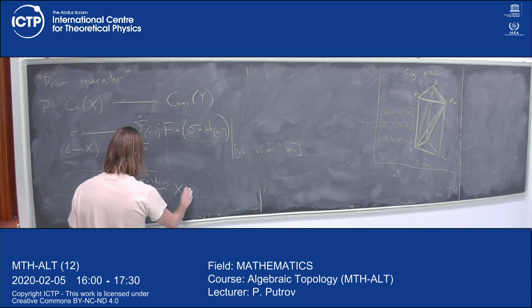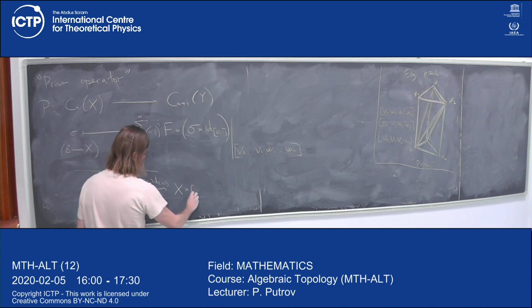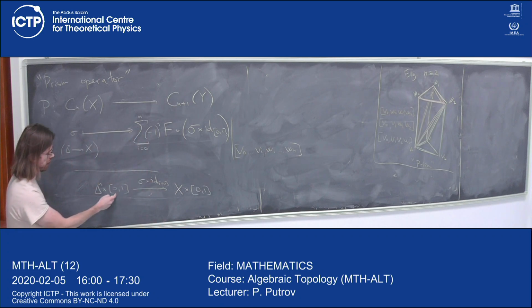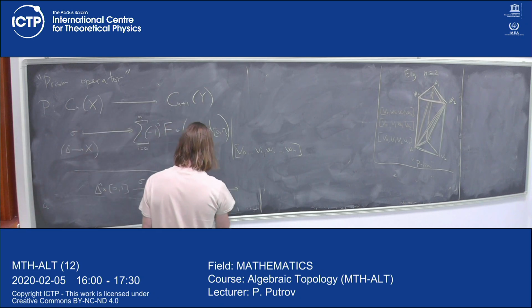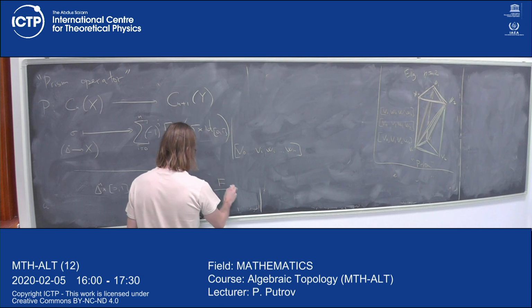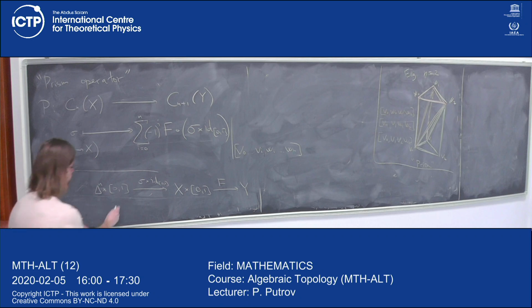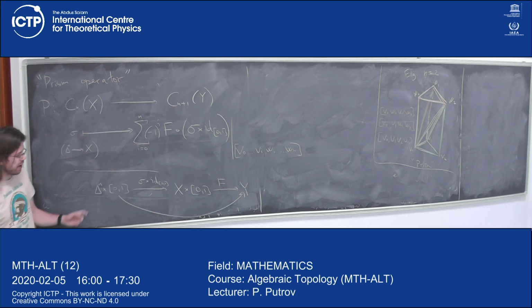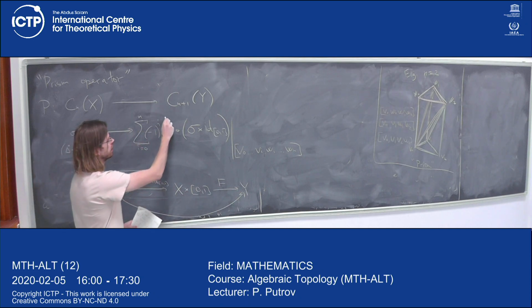It will map to x: sigma maps delta n to x, and the identity of course maps the interval to the interval. And then from this product we have a map to y, the homotopy. So this composition defines my map from the prism to y.